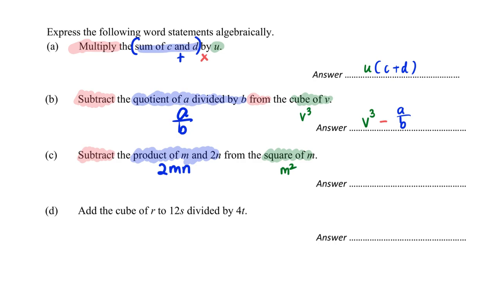Again, we look at where is the word from, and therefore we know which one is the starting point. Yep, from m square. M square will be the starting point minus 2mn.